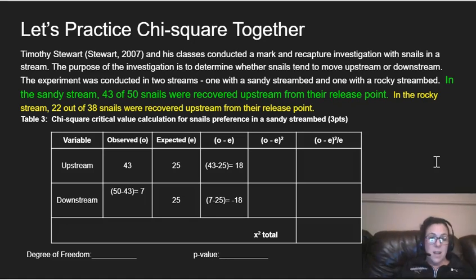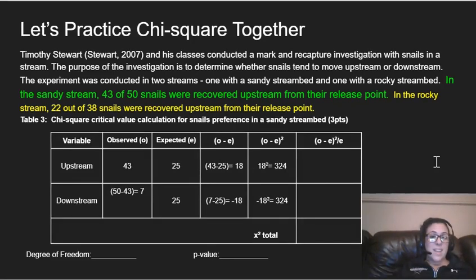In our next column, we have the observed minus expected squared. So that's 18 squared, which gives us 324. Negative 18 squared also gives us 324. So if you get negative data, we're going to square it anyway. It becomes positive, so don't worry about negative data.